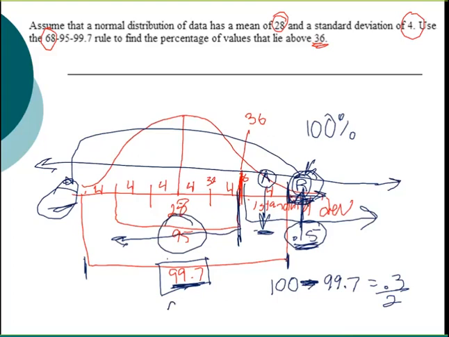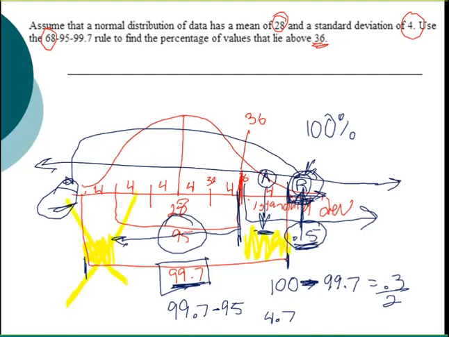So if I take 99.7 and subtract the 95, so 99.7 minus my 95 is going to give me 4.7. So 4.7. Now 4.7 represents the quantity that is on both sides.